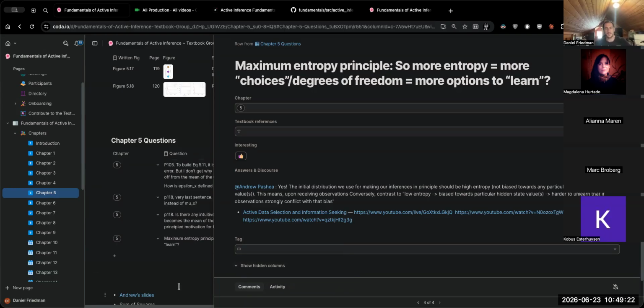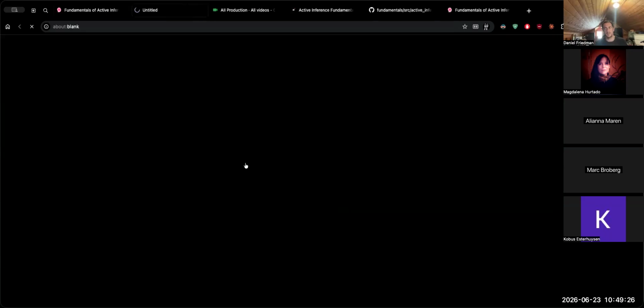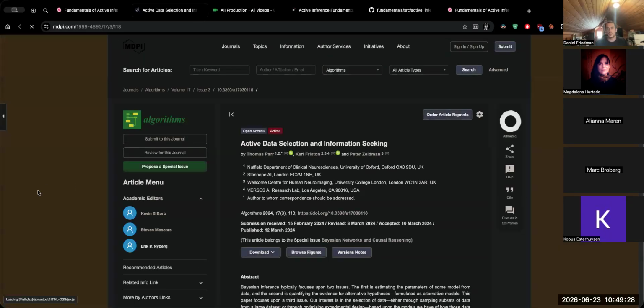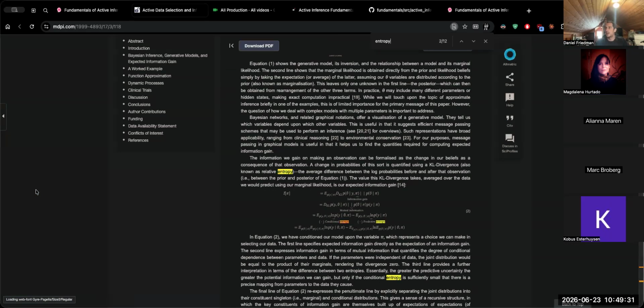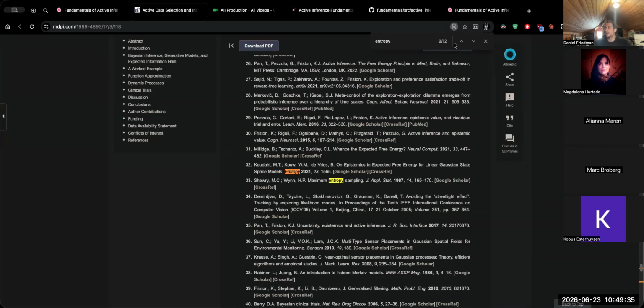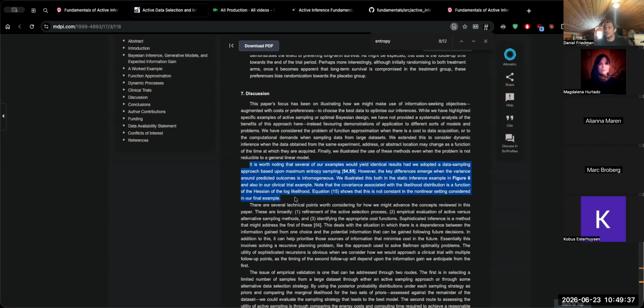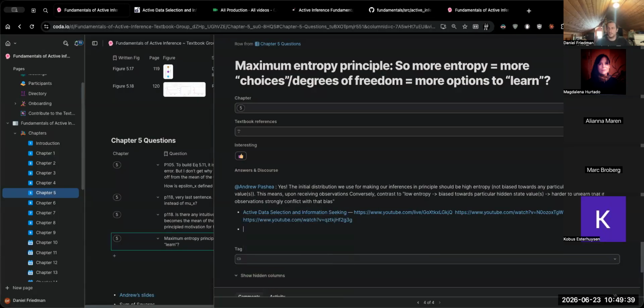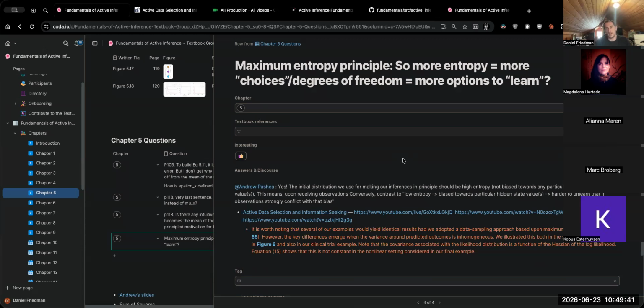So if someone is curious about that, go into this active data selection information seeking paper, which has a good discussion of maximum entropy, which is why I'll just leave it at that.